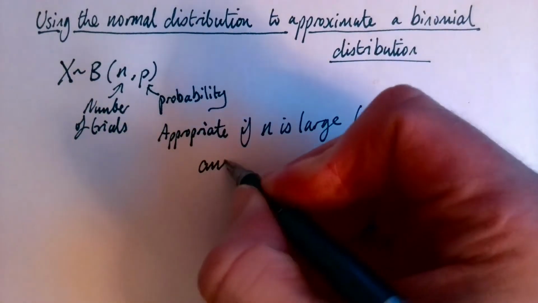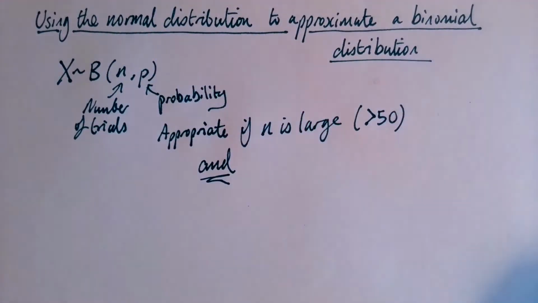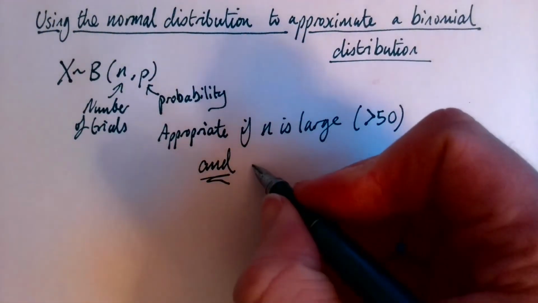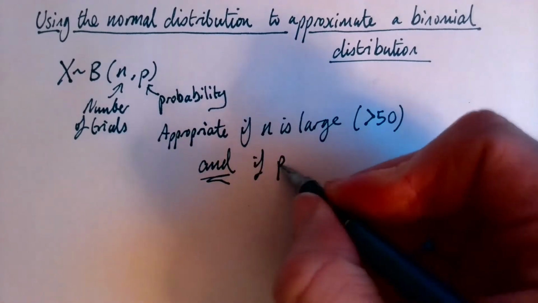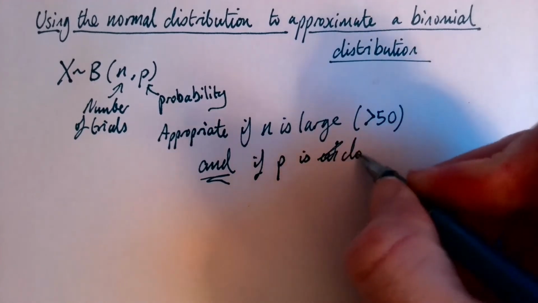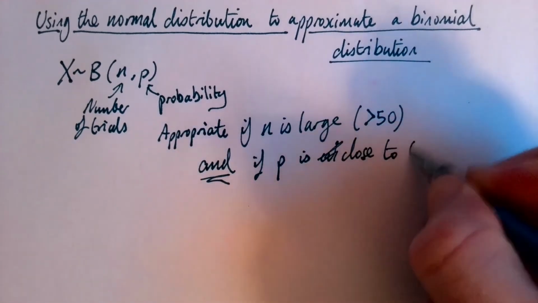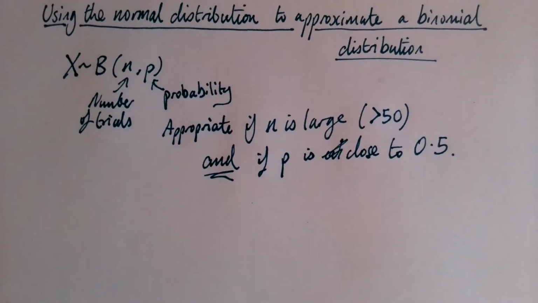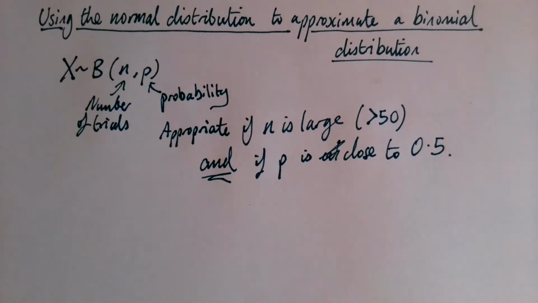And this is important, but don't worry because they won't ask you to do it if it's not, and if p, the probability, is close to 0.5. You're probably going to ask me how close. Well, you'll get a sense of that once you've done a few of these problems.